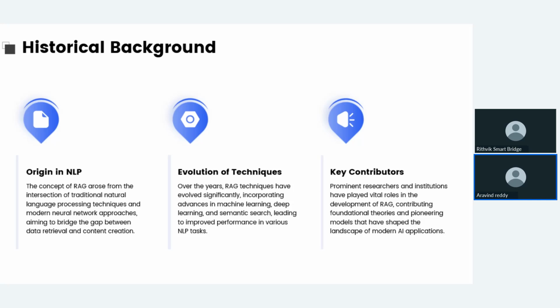And the key contribution: it is going to play a vital role in the development of RAG, contributing to foundational theories. It means these models can work without human interruption. For example, if a person goes to a library, without anyone interacting with anyone, you can get n number of information.